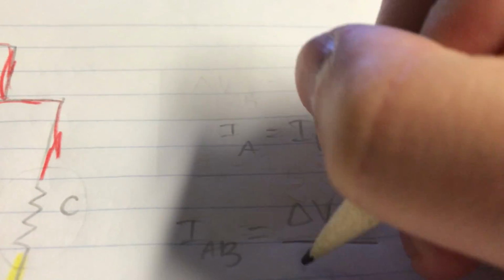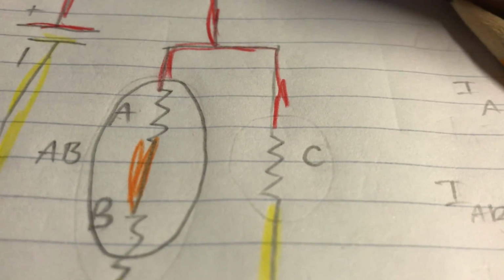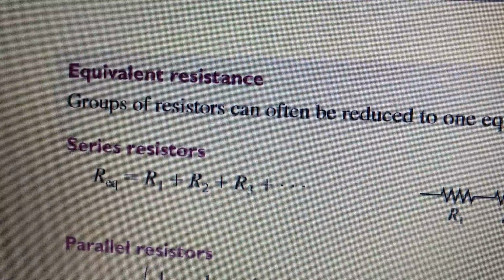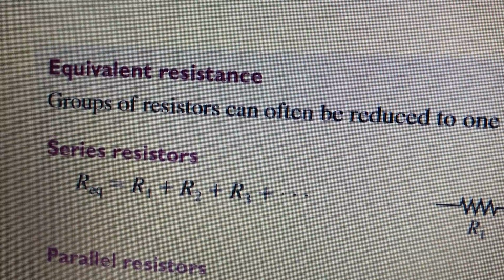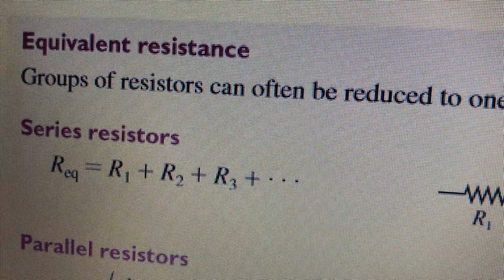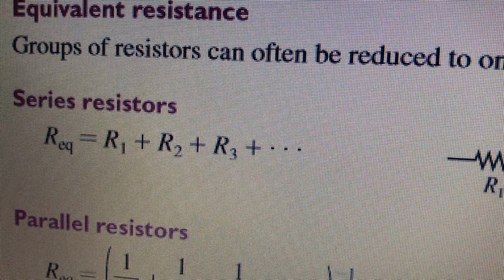And I also use the Ohm law like the previous problem. So I have IAB equals delta VAB divided by RAB. And in this case, because these two are connected in series, I can use this law. It's called series resistors, like this. This law says the equivalent resistance is equal to the total resistance of all resistors in that series.